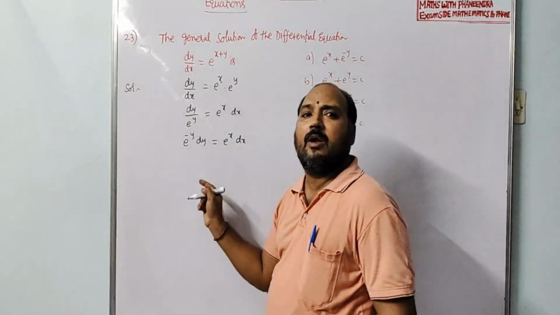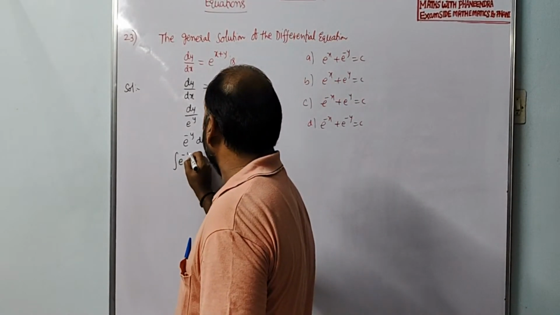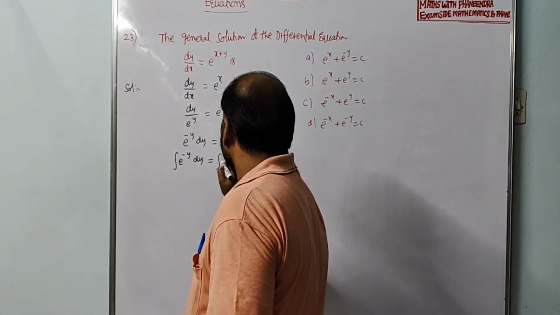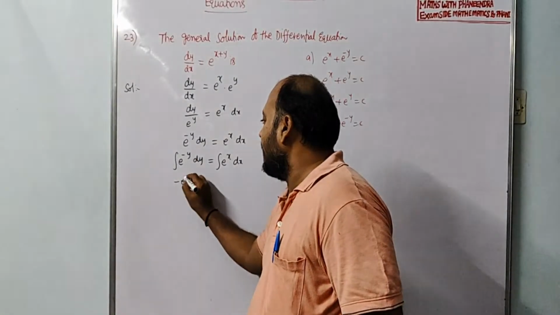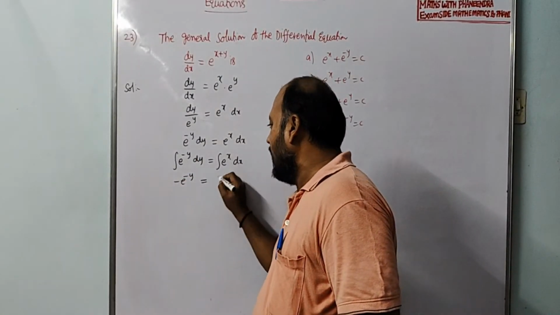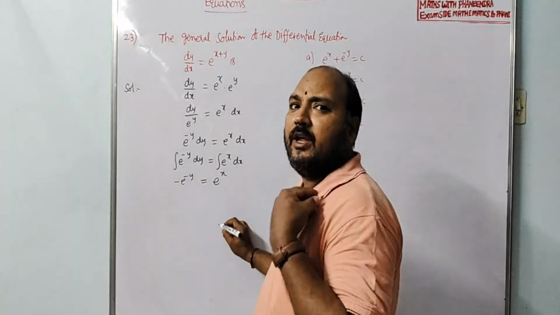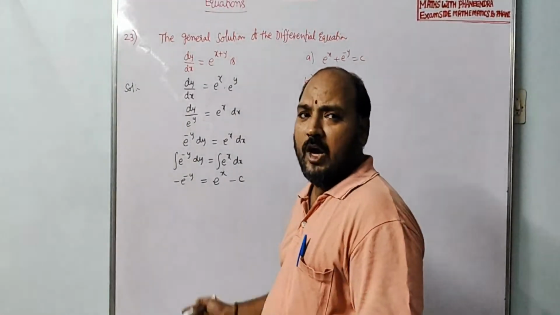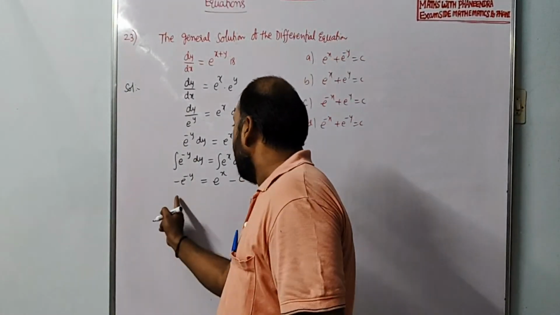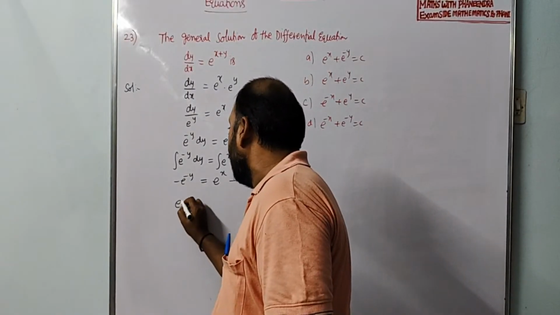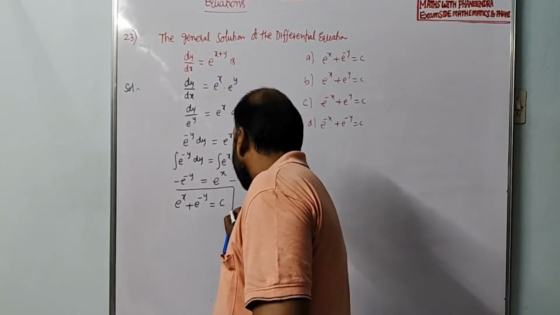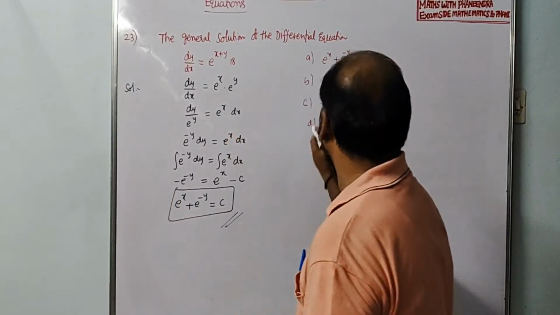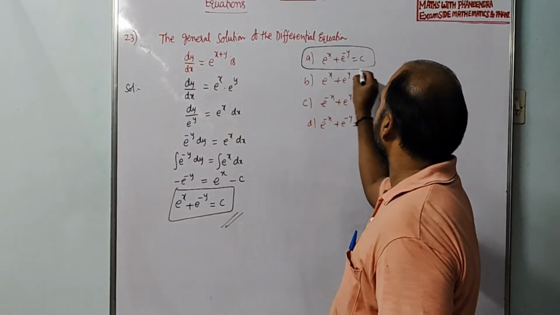Whenever we separate the variables, we take integration on both sides. So the integral of e power minus y is minus e power minus y, equal to the integral of e power x, which is e power x. I am taking the constant as minus c here, according to my convenience. Bringing minus c to this side, e power x plus e power minus y equal to constant c. It is there in the first option, dear students.